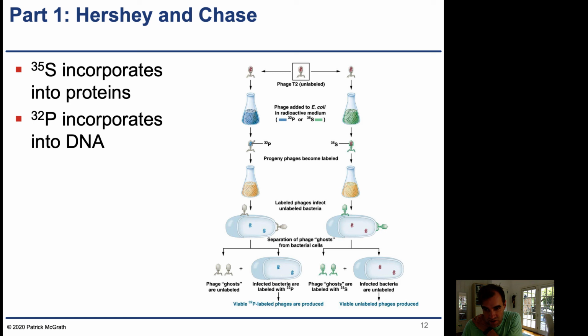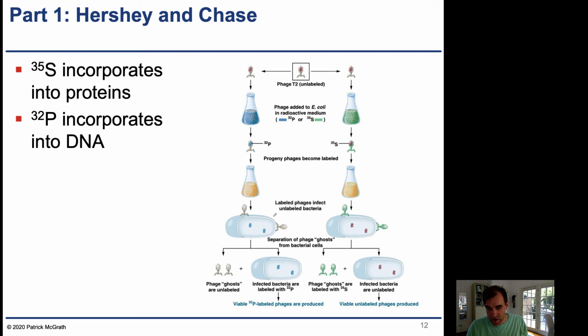So, you can distinguish the color of either the body or of the DNA. These phages become labeled. And so then we label these phages and add them to bacteria. And so after that, they were able to separate out the host from the phage ghost.